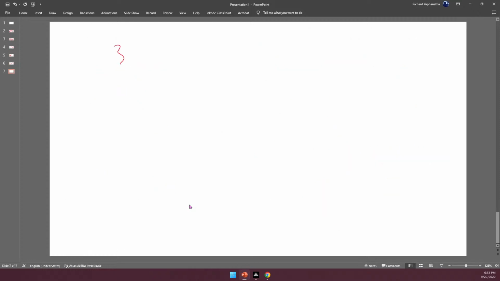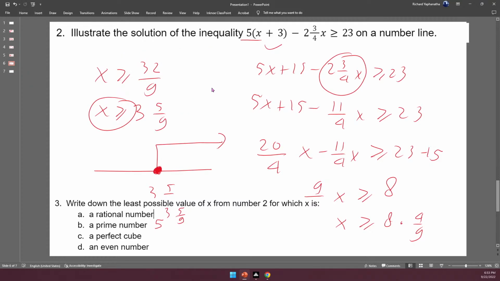For example, 3.575757 is called a rational number because 57 is repetitive. Or 3.3333 endless 3, it is also rational. But for example, pi is 3.14 and so on and so on. It has no pattern, so that's why it is not rational. It is irrational. Now for this one, we have x bigger than 5 over 9, so leave it as it is. That is the answer.